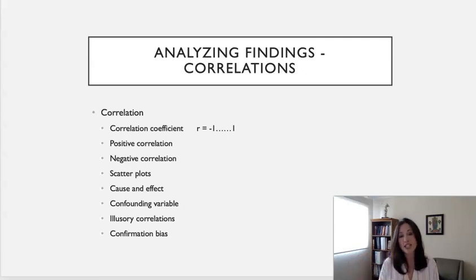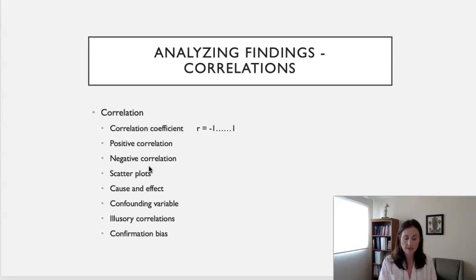The other thing you can tell is the direction. The direction is whether it is a positive correlation or a negative correlation. If the number is above 0, it's a positive number, and it's a positive correlation. If the correlation coefficient is less than 0, it's a negative number, which means it's a negative correlation. Before I get to the example, here is what it means.